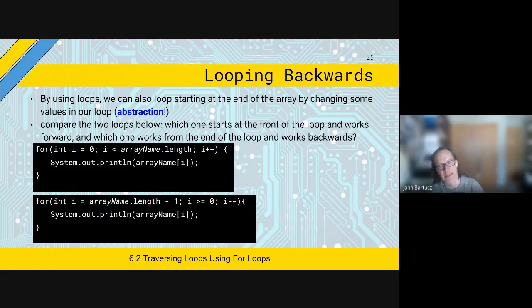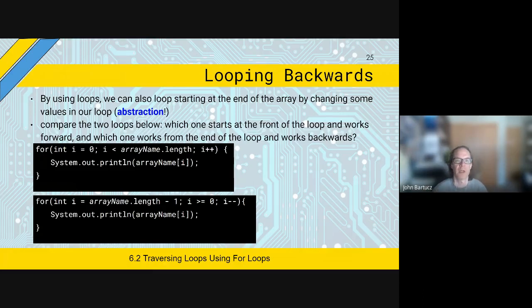But it's not that easy when you're starting at the end and working backwards. You have to keep in your mind, backwards is tricky. I have to start at length minus 1, and I have to go all the way to 0. I don't stop when it's greater than 0; I stop when it's greater than or equal to 0.